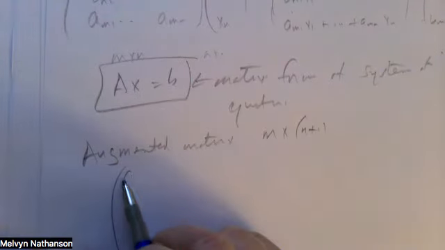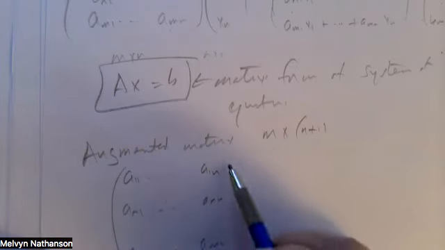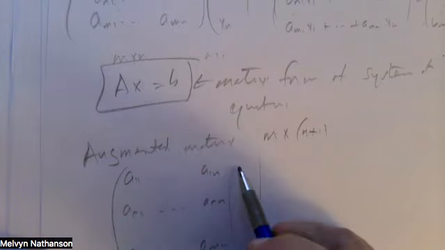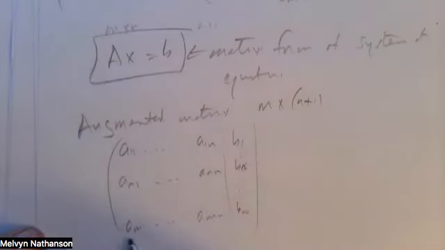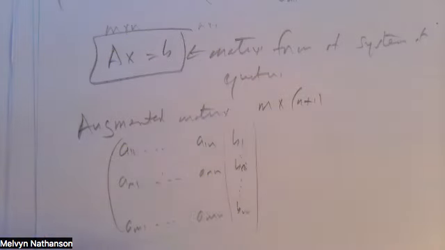So you take the matrix of coefficients, A11 up to A1n, AI1 up to AIN, down to AM1 up to AMN, and I add one more column, the B's, the right-hand sides of all the equations. So here I have n columns plus one more, so I have n plus 1 columns. This is the augmented matrix of the system of equations.